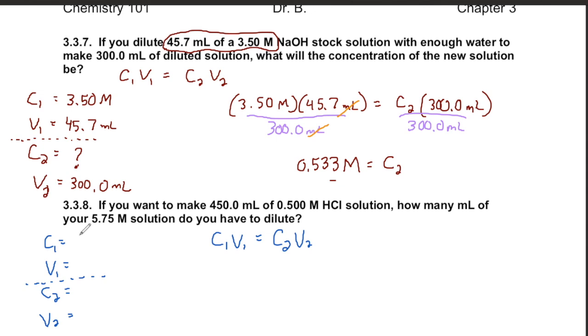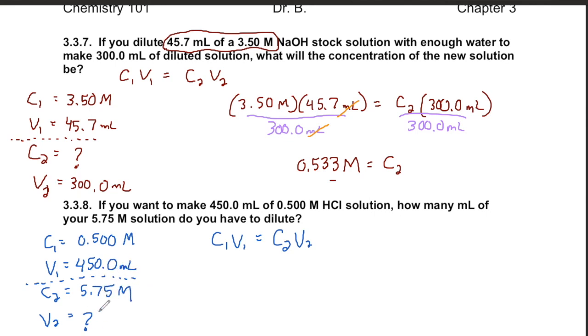Okay, so first let's make a list of our variables. We want to make 450.0 milliliters, that's our volume that we want, and we want our concentration to be 0.500 molar of HCl. Then we have an unknown volume, in milliliters, of a concentrated 5.75 molar solution.